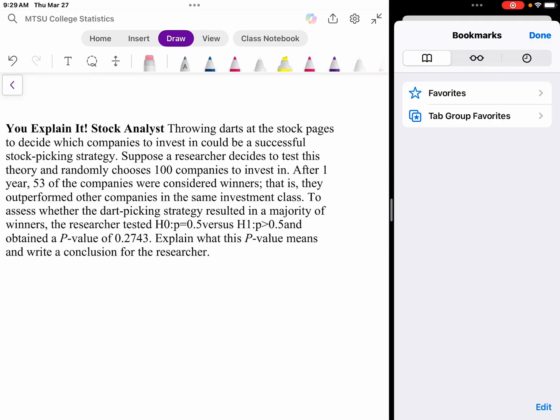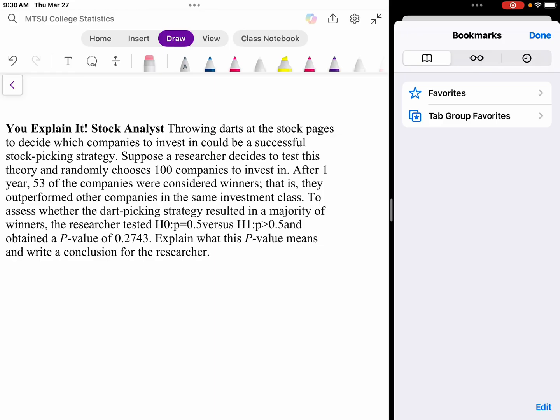Throwing darts at the stock pages to decide which companies to invest in could be a successful strategy. Suppose a researcher decides to test this theory and randomly chooses 100 companies to invest in. After 1 year, 53 of the companies were considered winners. That is, they outperformed other companies in the same investment class.